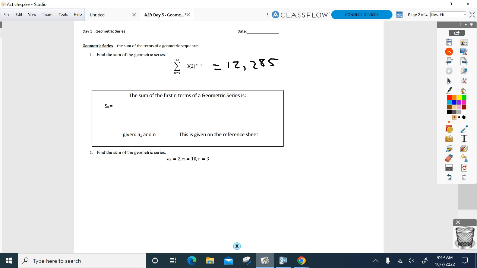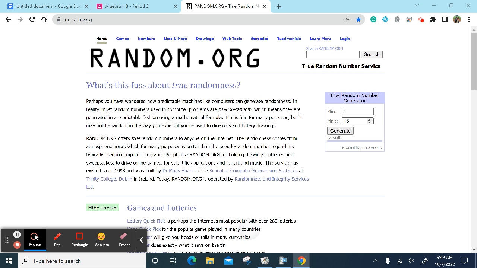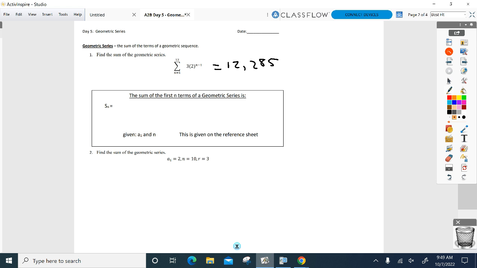All right, here we go. Quick question for somebody right now. Not to put you on the spot, but I am. What makes a sequence geometric? How do you know it has an R? Like if I just write out this right now, 3, 6, 12, 24, 48.